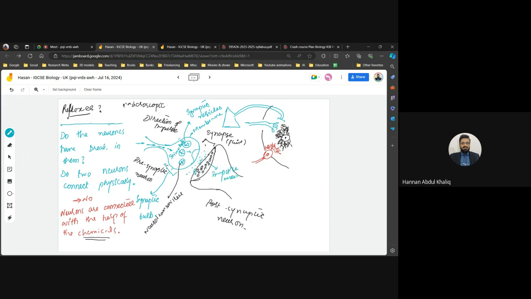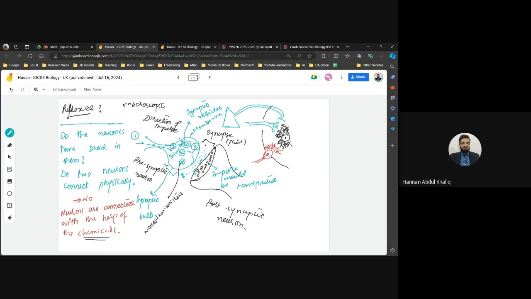Impulse would be transported. So I can say number one, the impulse reaches the terminal. Number two, it would stimulate the vesicle. Number three, the vesicle would fuse with the synaptic membrane.